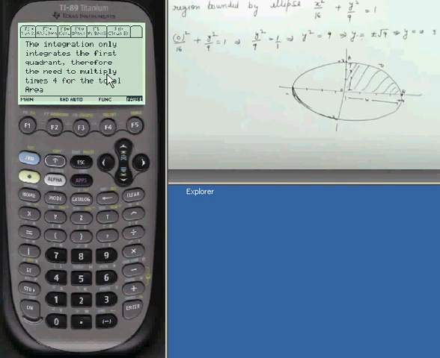Since calculus can only do this quadrant first, you have to multiply by 4 to get the total area of this ellipse. And here's the larger denominator. I do that for you in case you didn't know whether the larger number is under the x or under the y. Since it's under the x, we have a horizontally oriented ellipse, and here's the one coordinate quadrant with the radii 3 and 4.